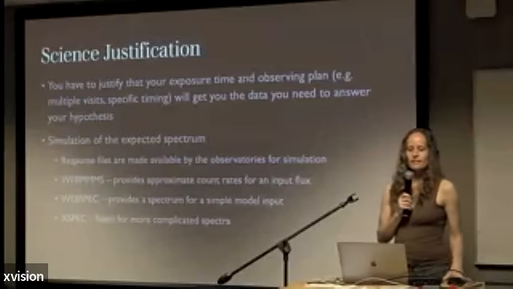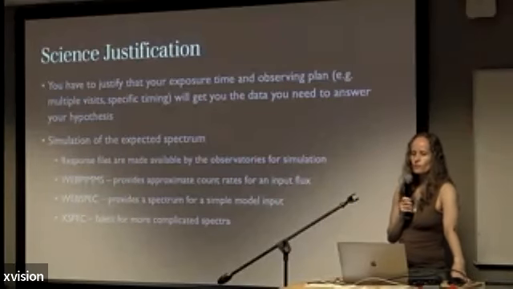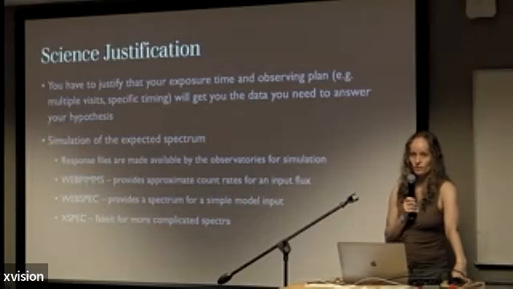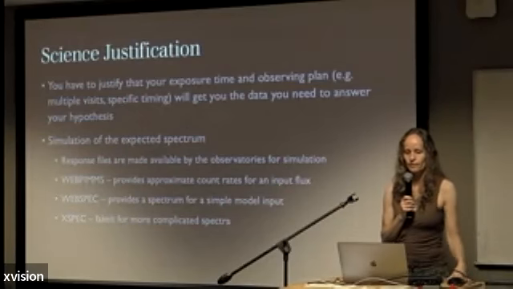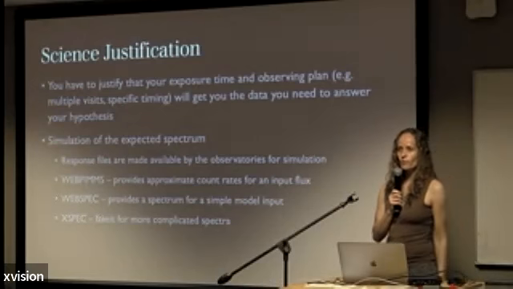Okay, so let's get into the science justification. This is where you have to prove that the observation you propose for will actually answer the question that you pose in your proposal. And so what you have to do is, there will be available response files.